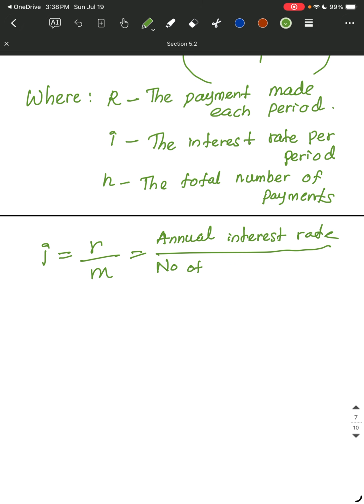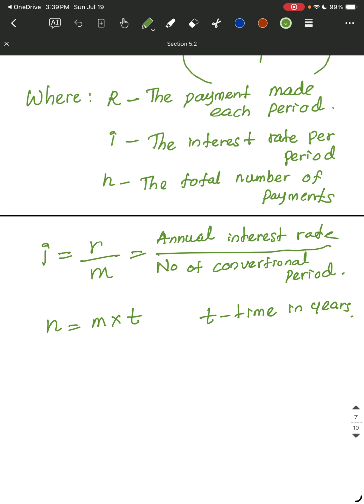And n equals m times t, where t is time in years. Okay, so let's see the most important detail in annuity problems: matching the interest rate and payment period.